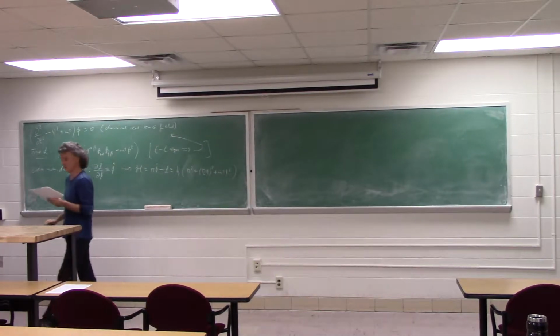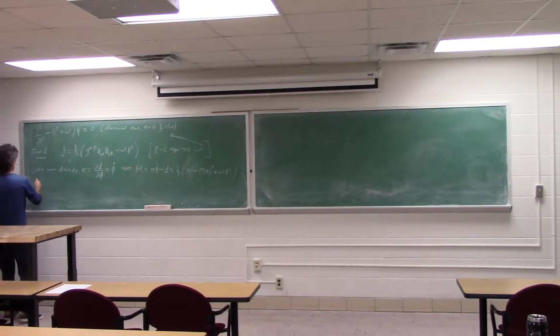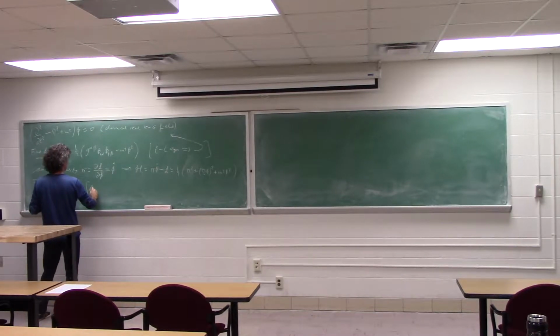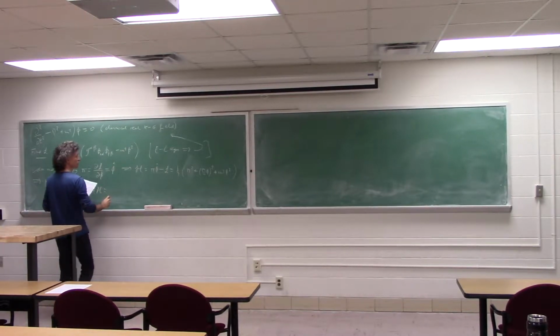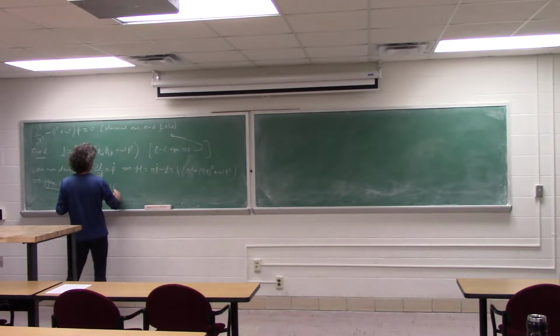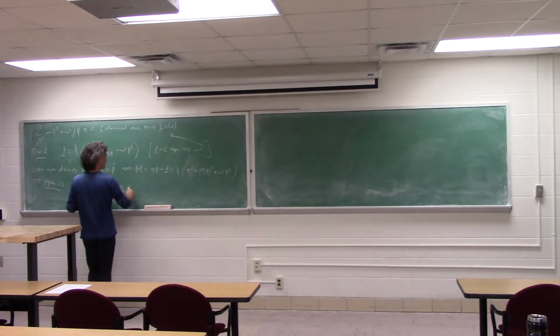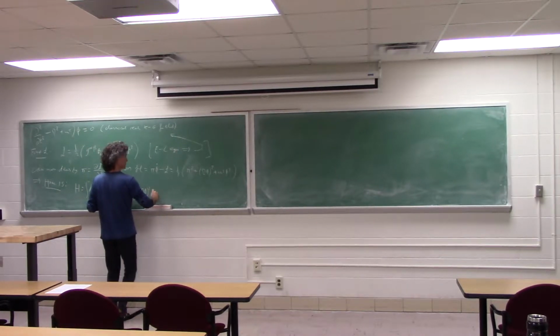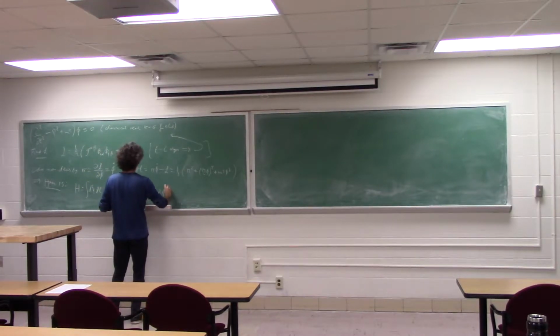That's the Hamiltonian density, and so the Hamiltonian is just the integral over all space of the Hamiltonian density, so it's a half integral over all space of pi squared plus grad phi squared plus m squared phi squared.